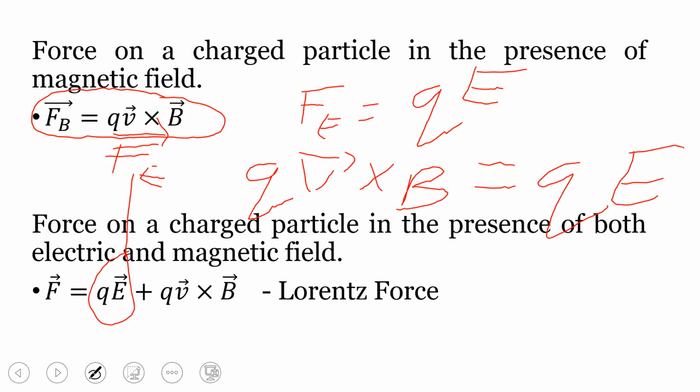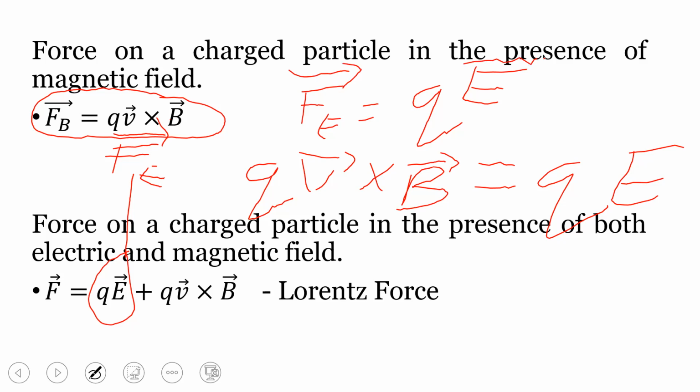So for you to have a particle travel undeflected, magnetic force should be equal to electric force, and we define the electric force to be the product of the charge and the electric field strength. And we've also defined the magnetic force as a cross product of charge and velocity vector with the magnetic field vector.